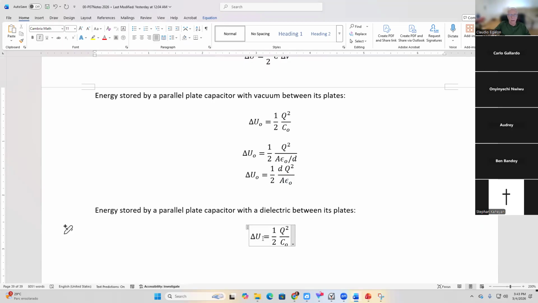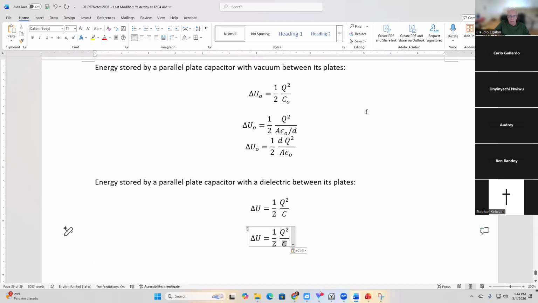I reserve U naught for the energy of a parallel plate capacitor that has no dielectric between, and C naught is the capacitance with no dielectric material, just vacuum or air. Recall that the capacitance increases, and it is going to be kappa times C naught.